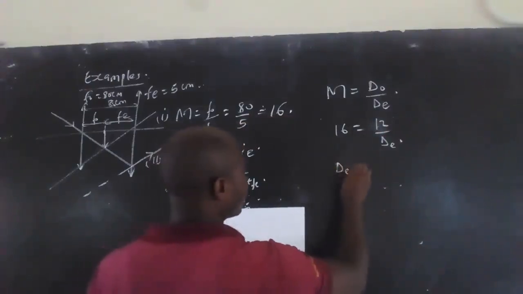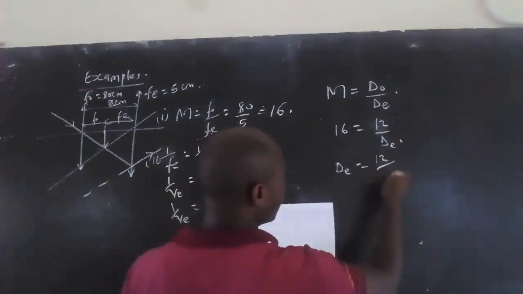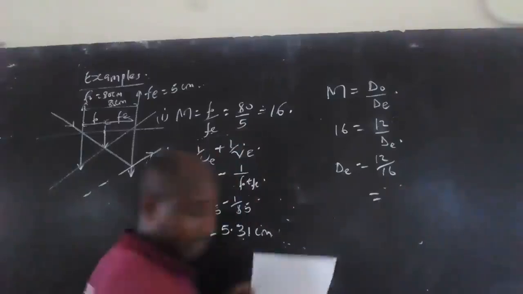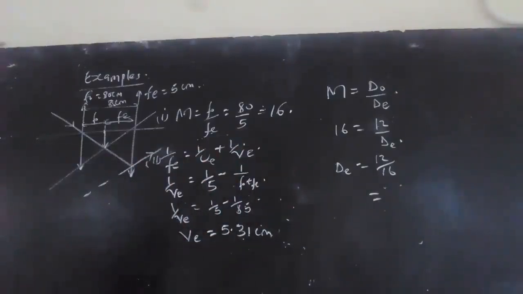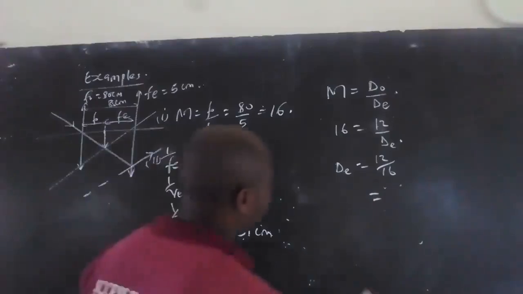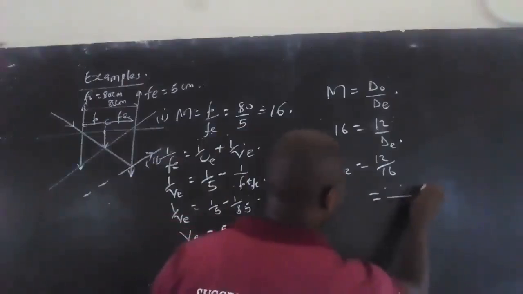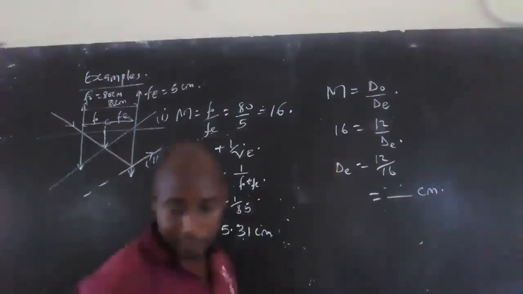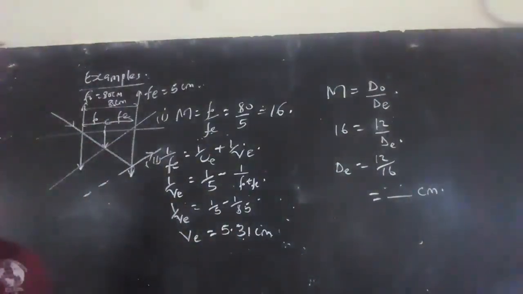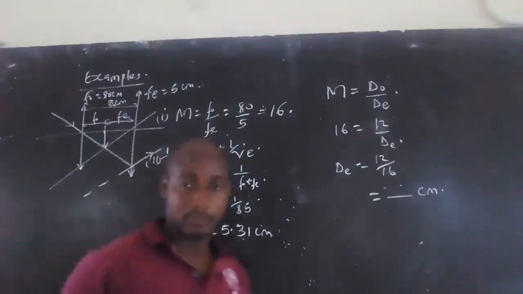So diameter of eye ring will become 12 over 16. What do we get? 12 divided by 16. What do you get there? You get your answer in centimeters. That is number 1. Then we go to number 2.